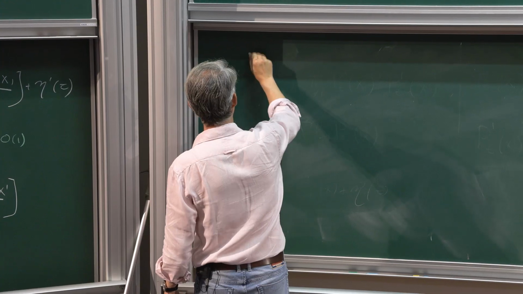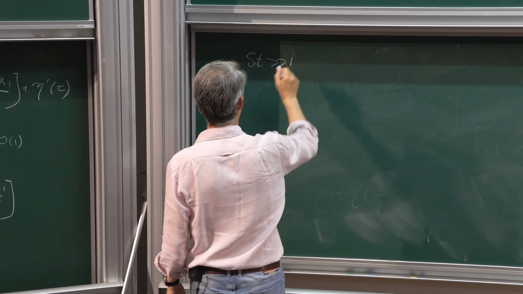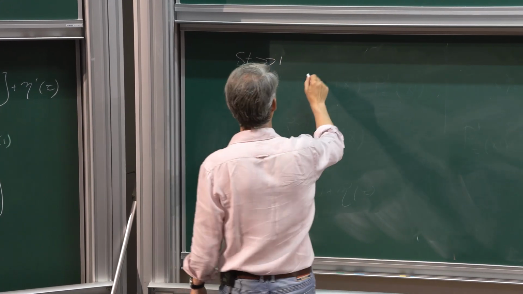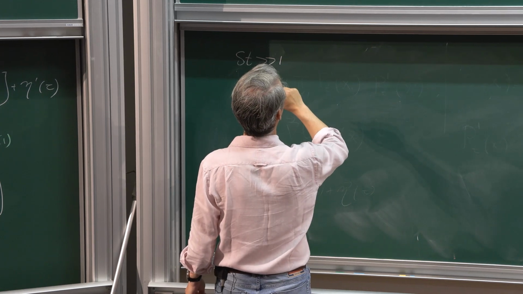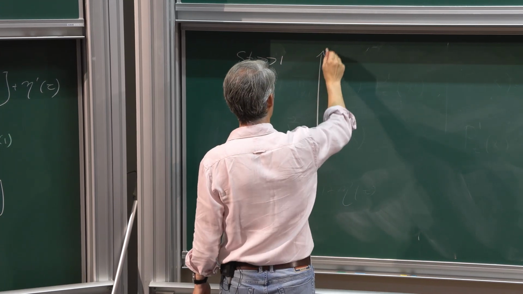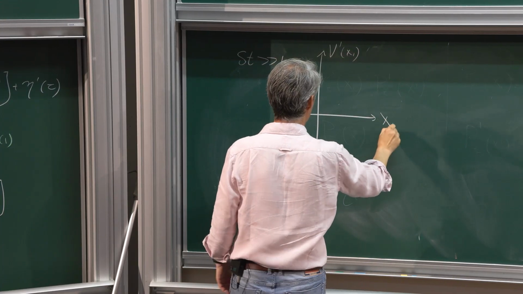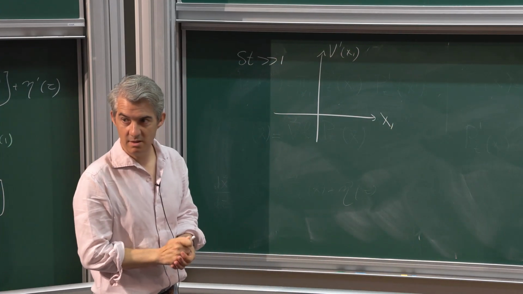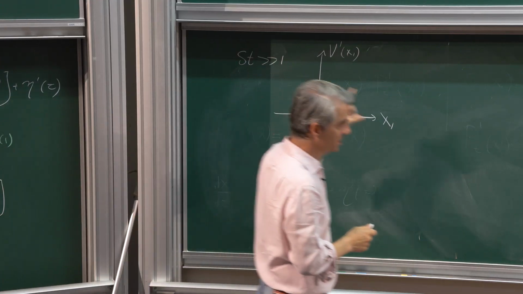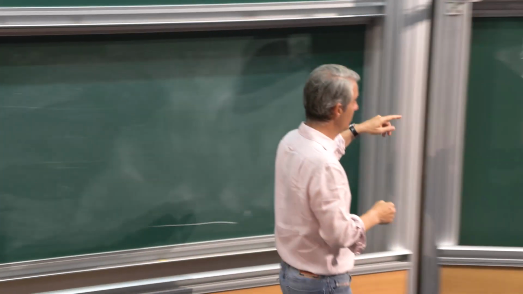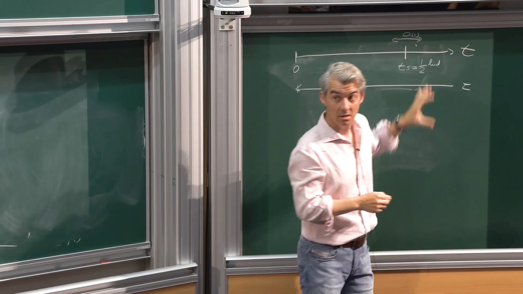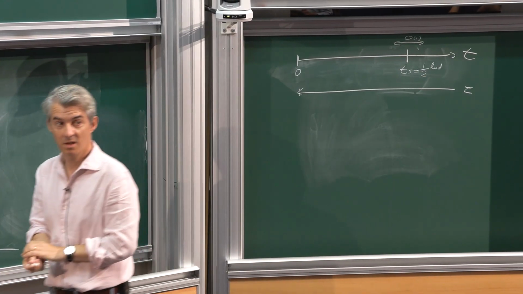So when delta t is much larger than 1, what is v1 of x1? Delta t much larger than 1 means we are around here. So how is the potential?